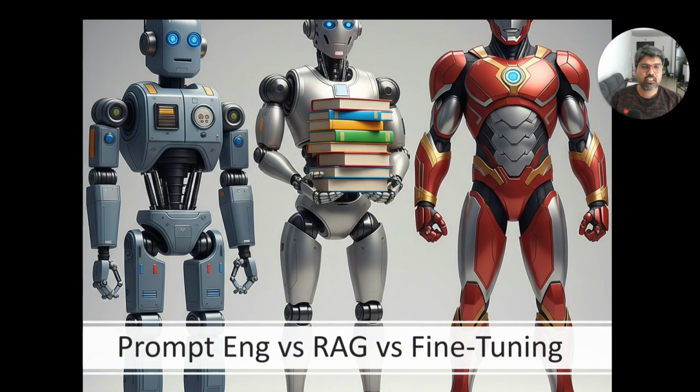But in retrieval augmented generation, he is carrying book knowledge. So if you ask a specific question, like about physics or any specific research topic, he is not going to give you a vague answer. He is going to give you the answer from the book. So this is what retrieval augmented generation is.